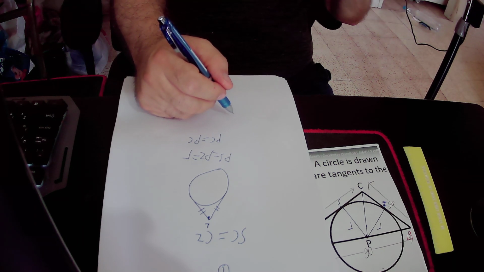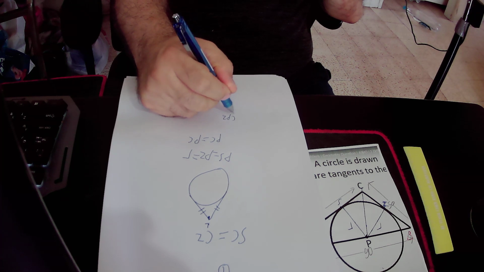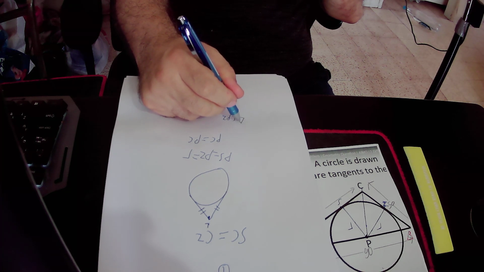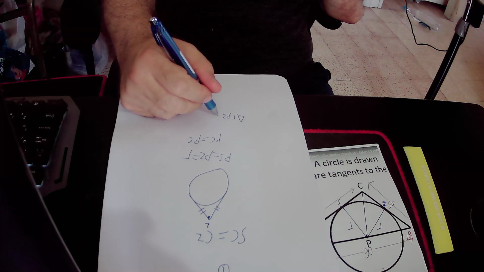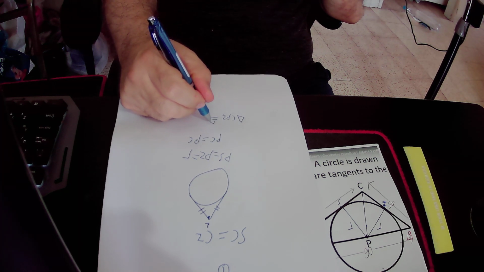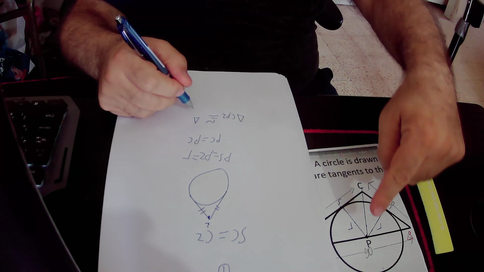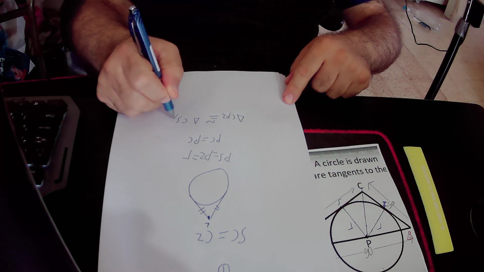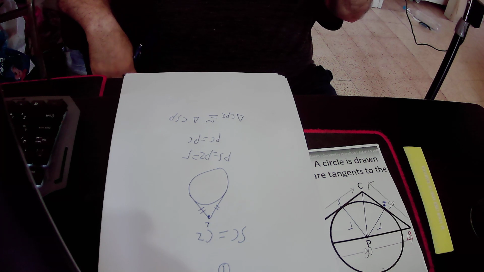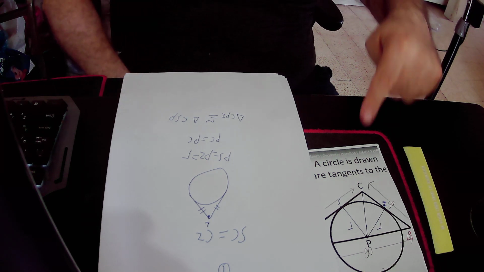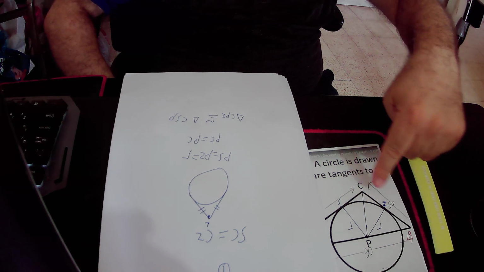So we can deduce that triangle CPZ is congruent to triangle CSP. Why? Because they have three sides that are equal to each other. This side of this triangle equals this side of this triangle.